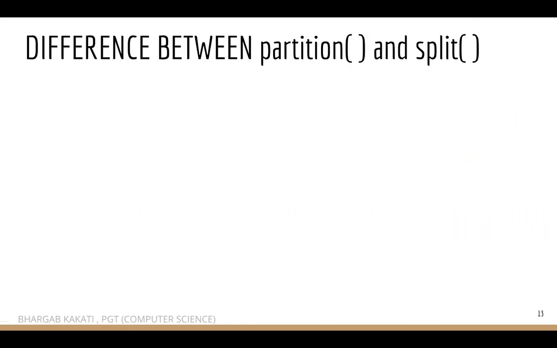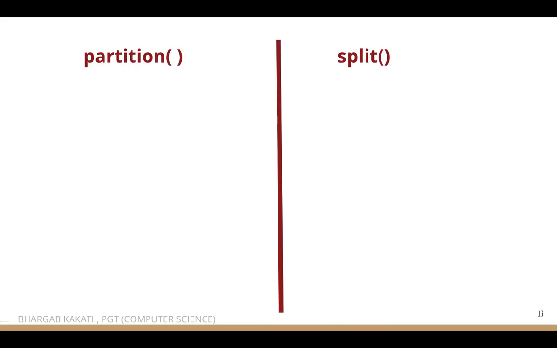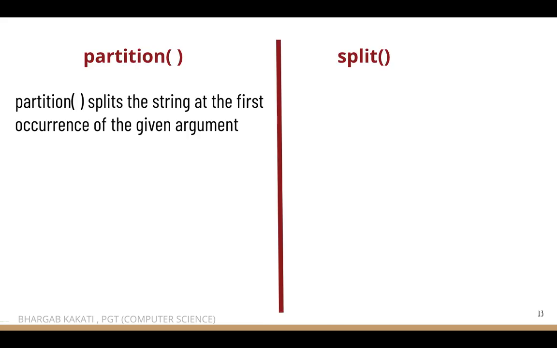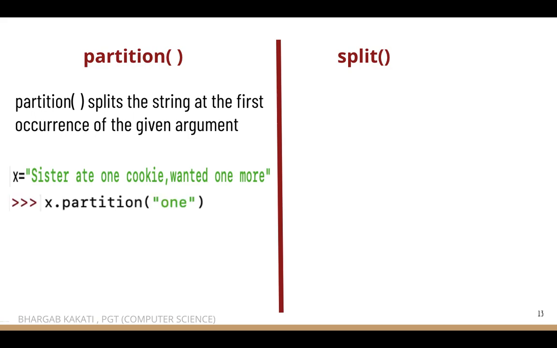If I write the difference between partition and split, how it goes: partition splits the string at the first occurrence of the given argument. For example, x equals "sister ate 1 cookie, wanted 1 more". If I give x.partition(1), we have 2 occurrences of 1, but it will partition at the first occurrence of 1 only.